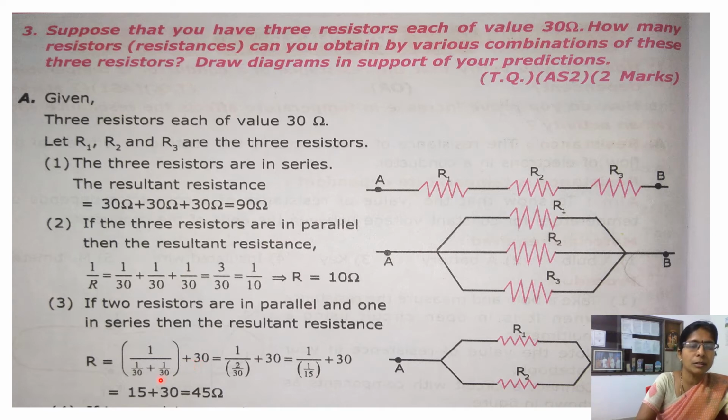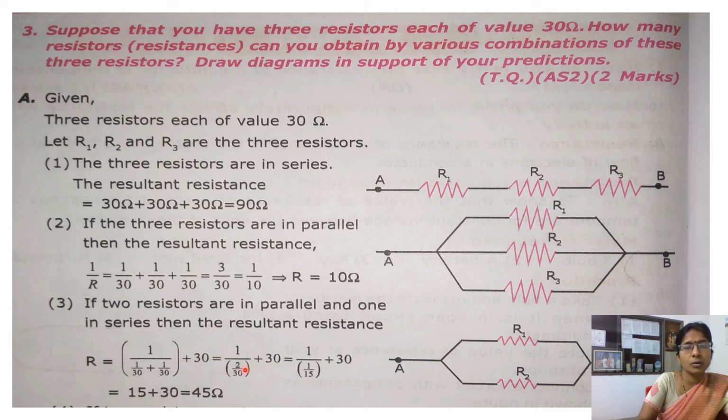From this, when they are in parallel combination, let's solve this one first. 1 by 30 plus 1 by 30, which is equal to 1 by 2 by 30. Since these are like fractions, we can add them directly, so it is equal to 2 by 30. So you got the fraction as 1 by 2 by 30 plus 30.